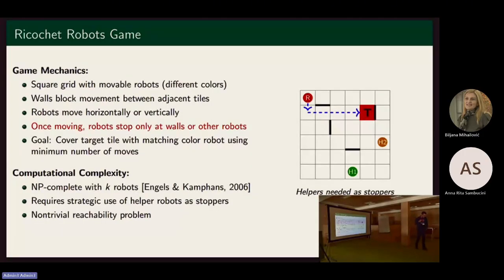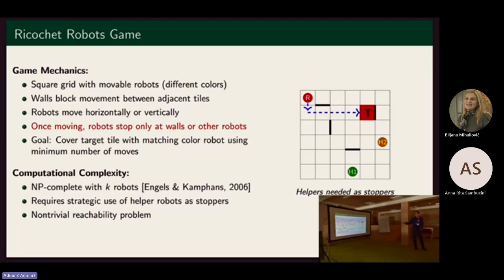The robots, the red circles, can only move either horizontally or vertically. The key constraint is that once a robot starts moving, it can only stop once it hits another robot or a wall.